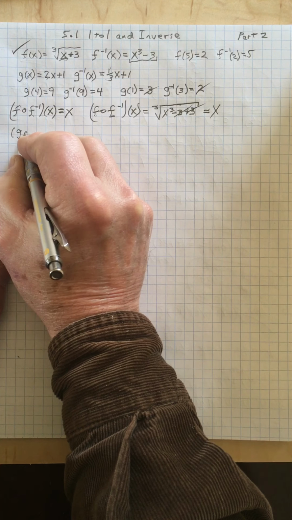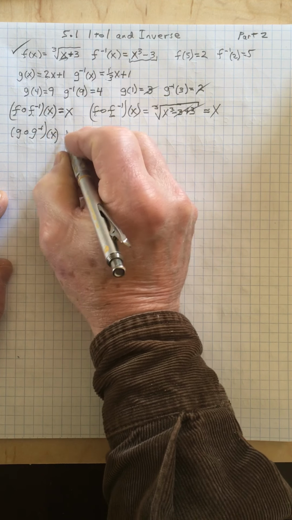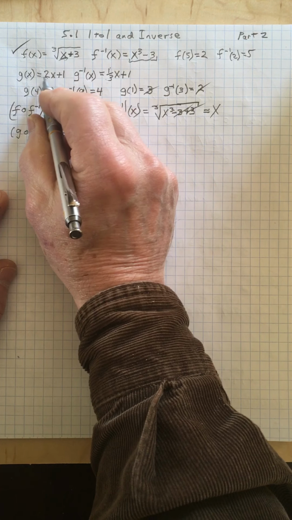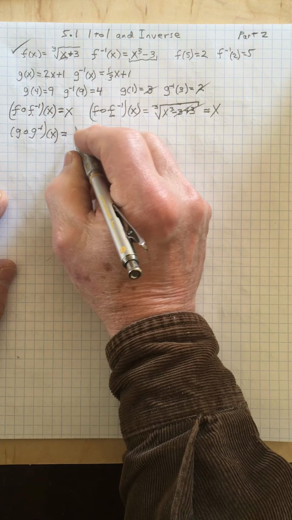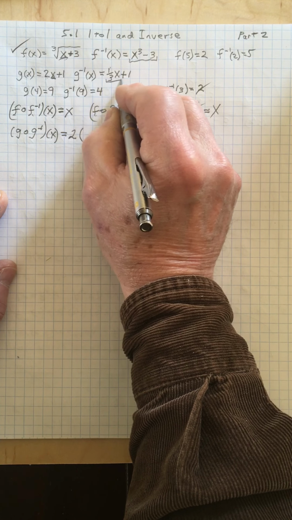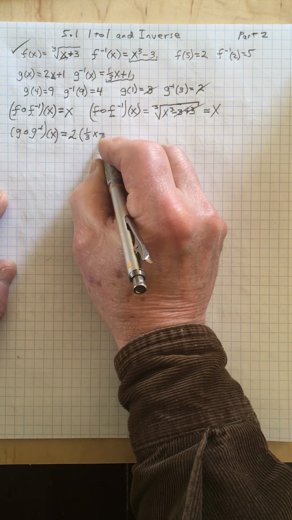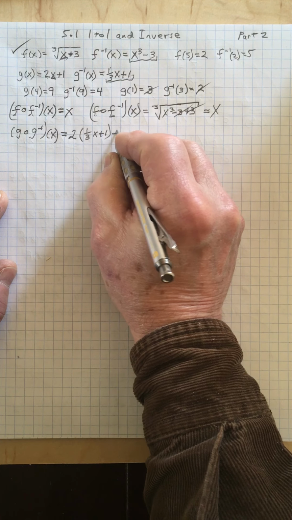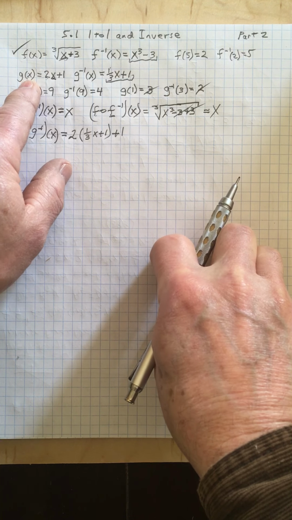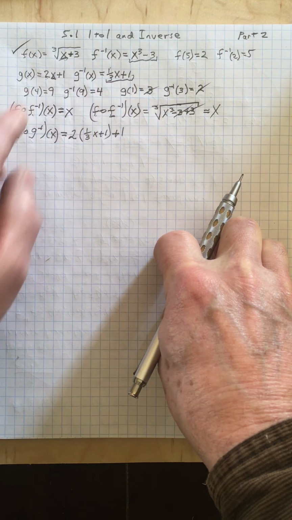So for G and G inverse, if I want to test those two to see if they're inverse, here's G of X. Again, I got 2 times, and then instead of X, I'm going to put in all of this for X. So again, the composite function: take your first function and wherever you have X, you replace it with the other function, okay?